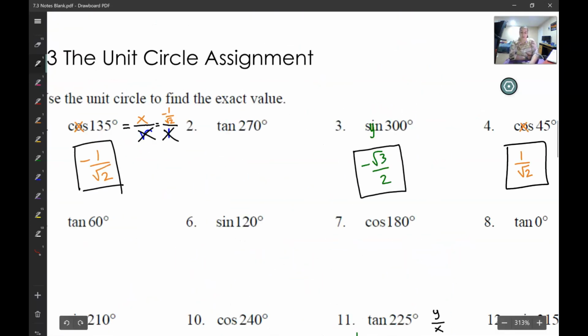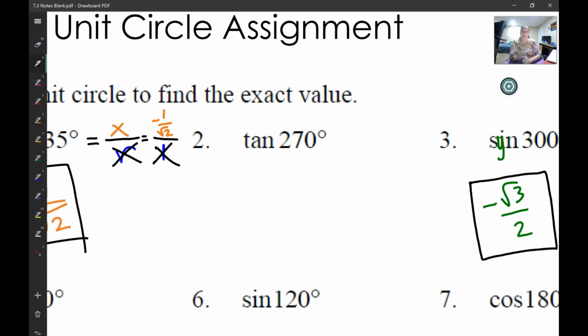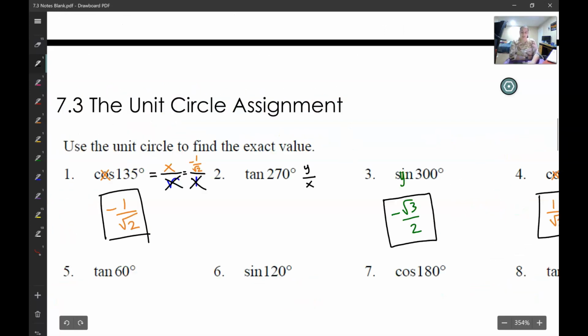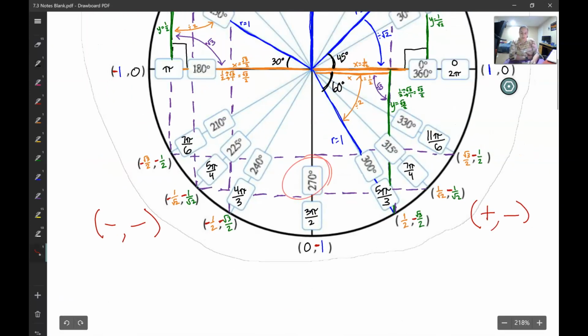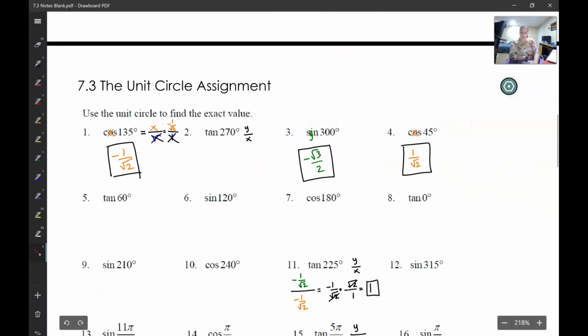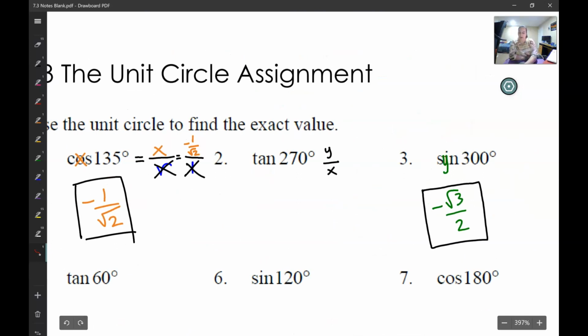Let's do one more example of tangent. Let's do tangent of 270. So still y over x. So let's go up to 270. There's my 270. My y value is negative 1. My x value is 0. So let's go here. My y value is negative 1 divided by my x value, which is 0.